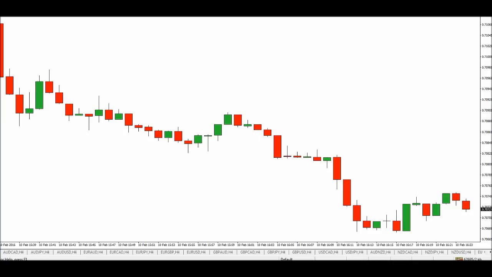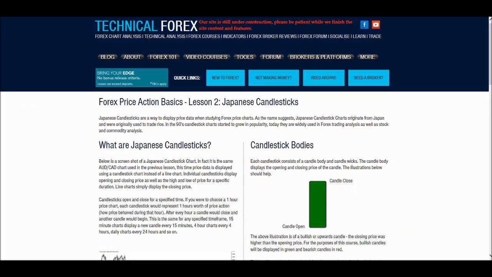If you have questions about this or it doesn't quite make sense, then please read the written content on the site, but also bring up a chart if you have access to price charts and look at them. Just like most things in life, if you practice and apply what you are learning, you're going to get a lot more out of it.